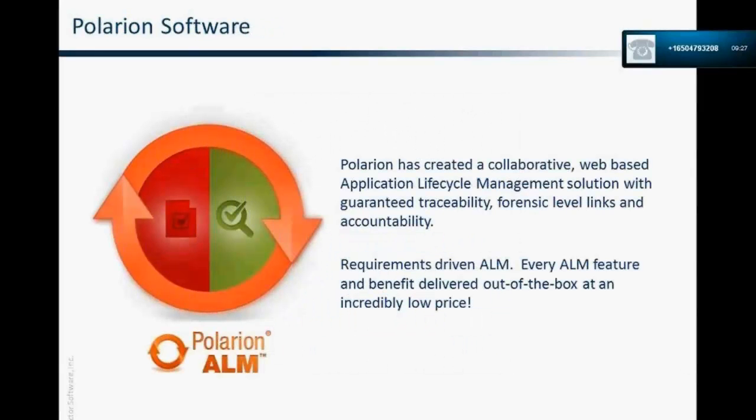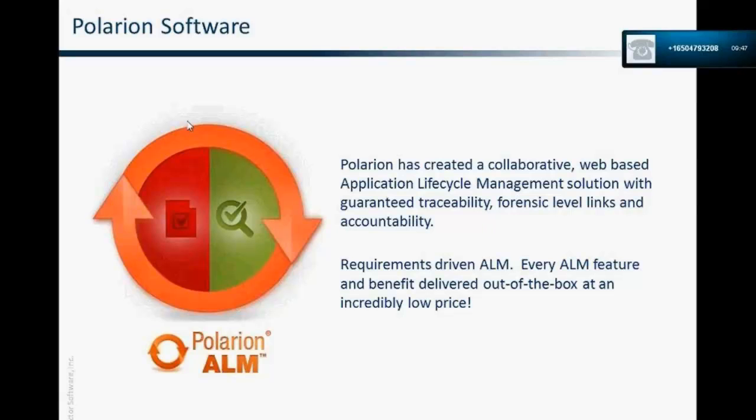So we'll start with Polarion. Who is Polarion Software? Polarion Software is an application lifecycle management system. So you can do requirements management, test management, defect management, task management. Everything could be done with Polarion Software. And for this, Polarion has some different licenses.